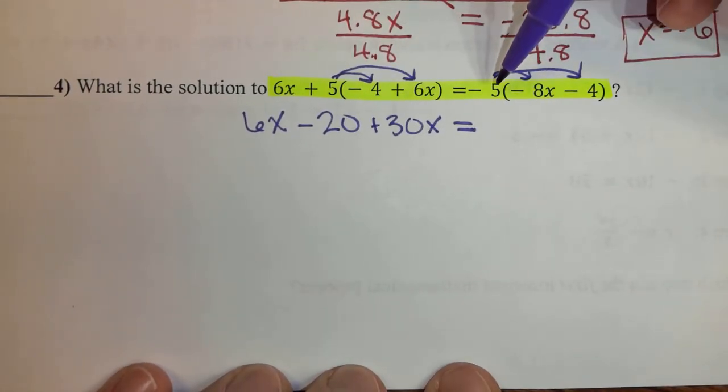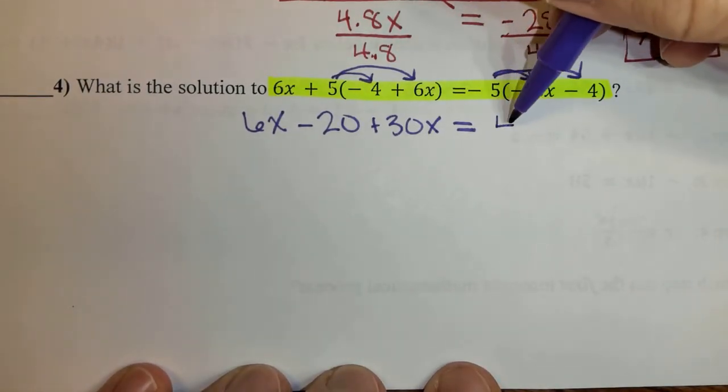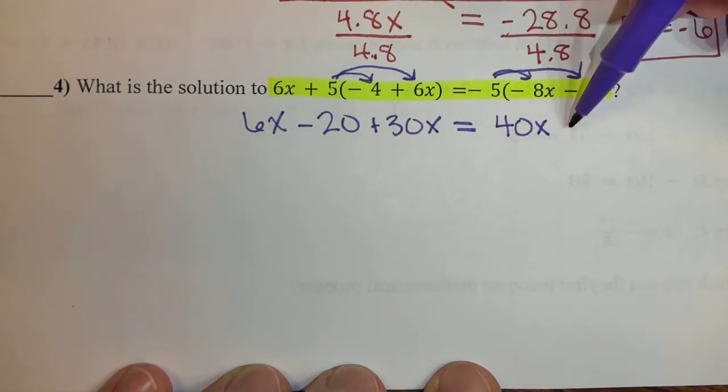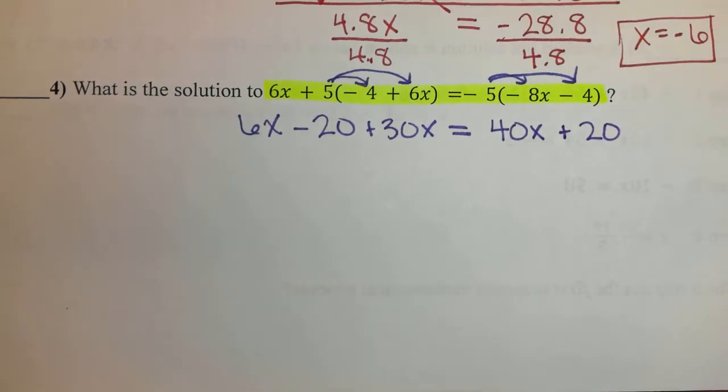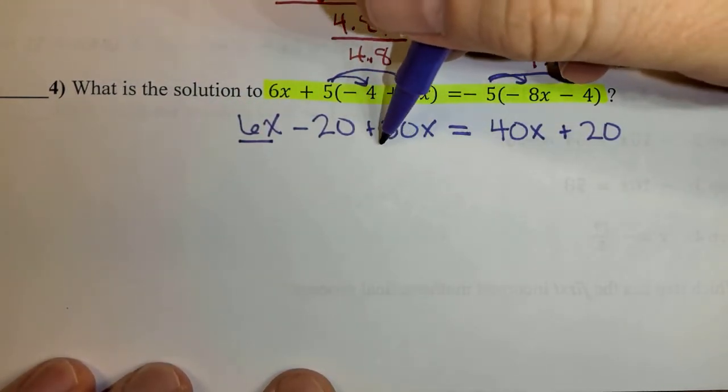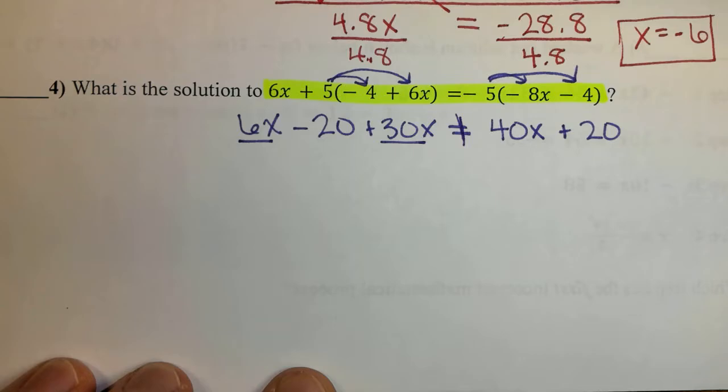Alright, now, on the other side, negative 5 times negative 8x is a positive 40x. Negative 5 times negative 4 is a positive 20. Alright. Now, this one is the first one so far of these 4 that I've had to combine like terms because I have a 6x and a 30x on the same side of the equal sign, right?